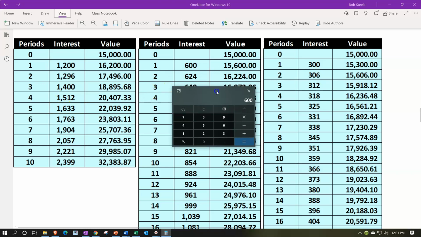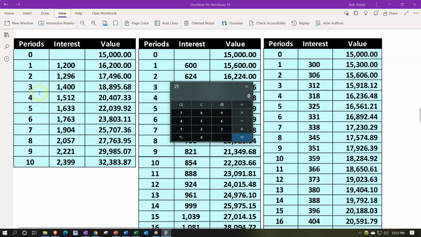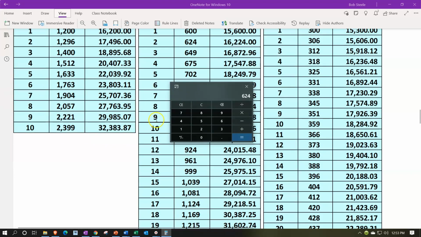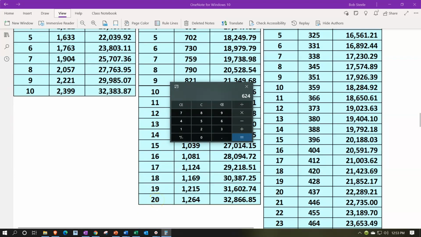So then, the 15,600 multiplied times the 0.08 yearly rate, divided by 2, would give us this 624, and so on and so forth, and that would then go out to 20 periods that are 6-month periods as opposed to 10 periods, which would be yearly periods, and you can see the difference in the results here.